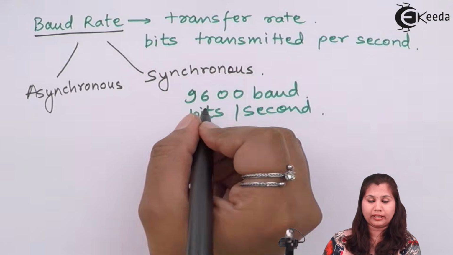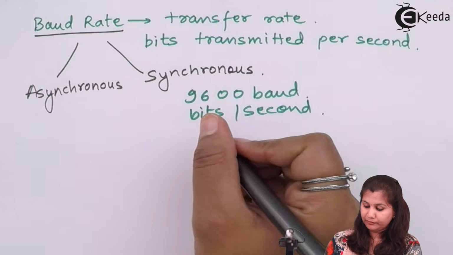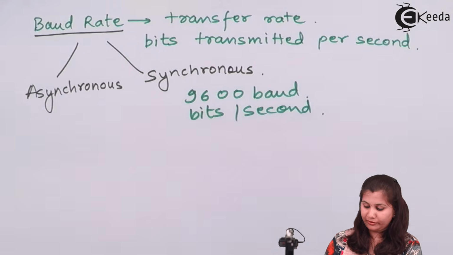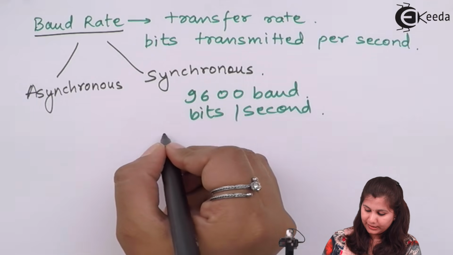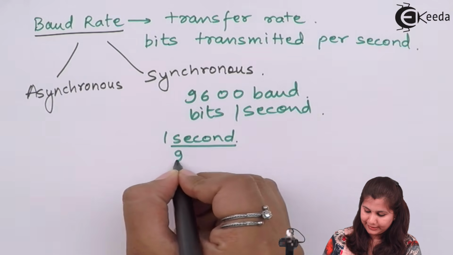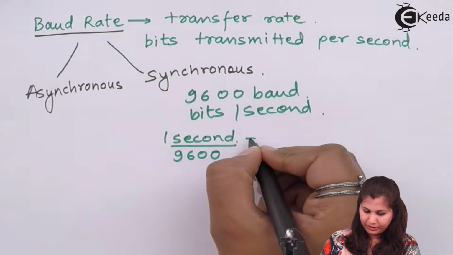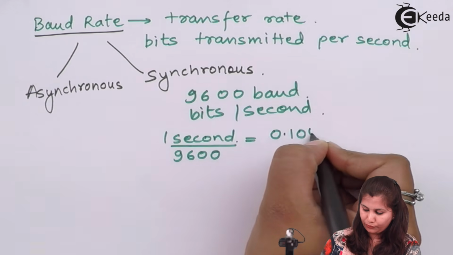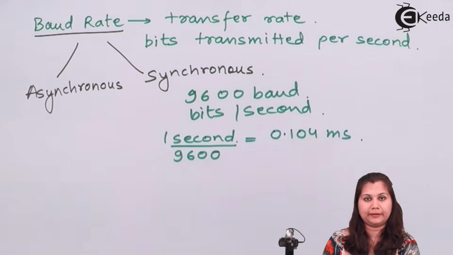This is the baud rate. If we want to calculate the bit transmission time, it is 1 second divided by 9600, which is equal to 0.104 milliseconds.